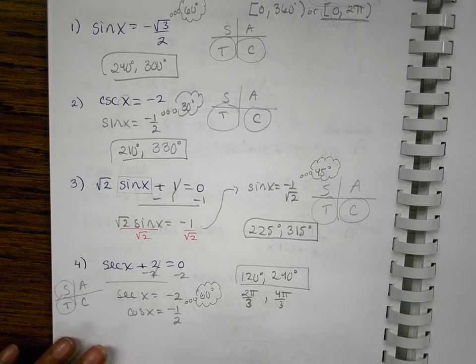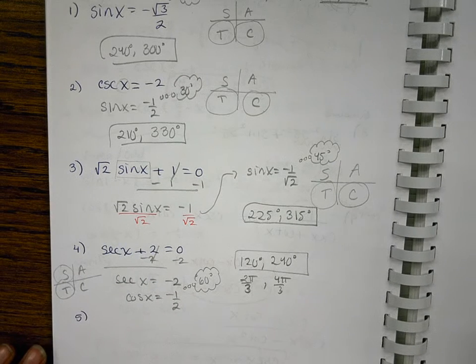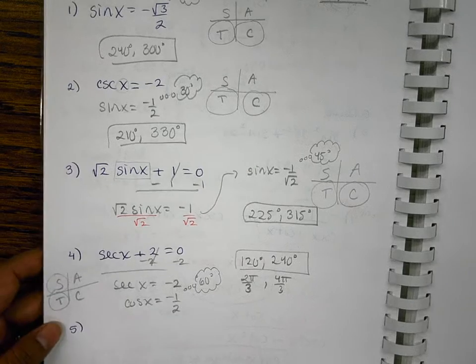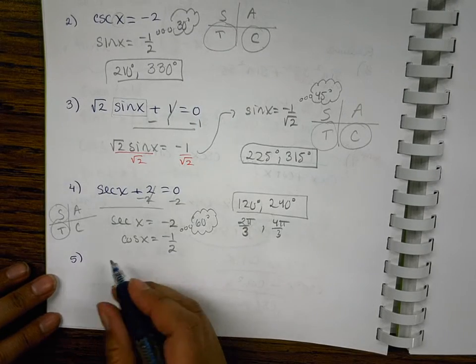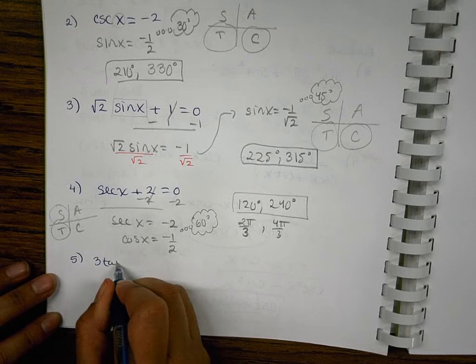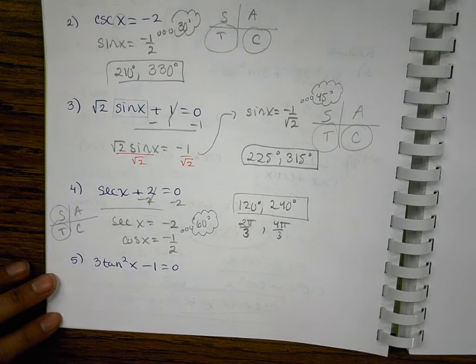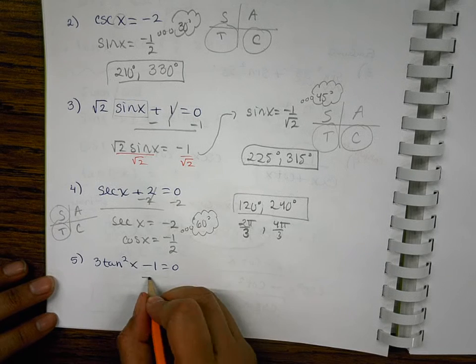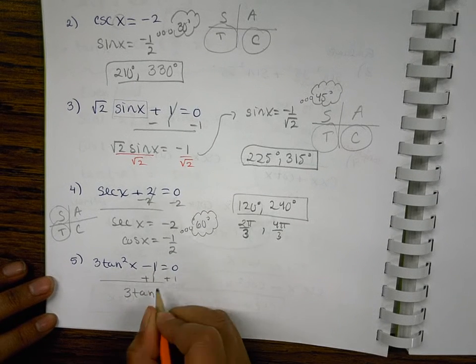Number 5. Three tan squared x minus 1 equals 0. All right, I'm hoping we have the hang of it by now, so we can speed it up a little bit. Add the 1 to the other side.